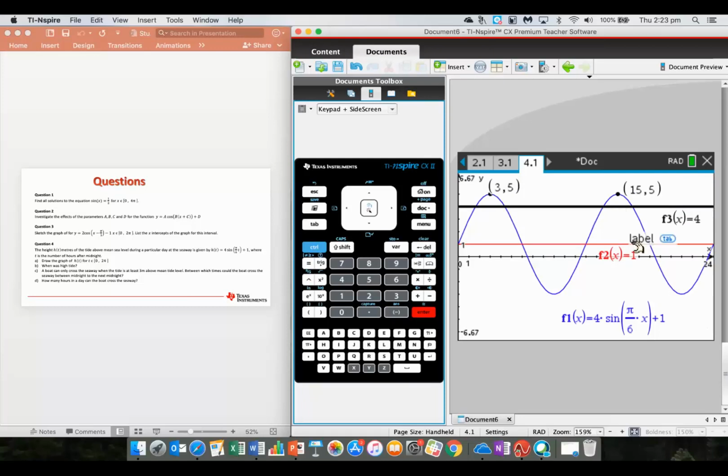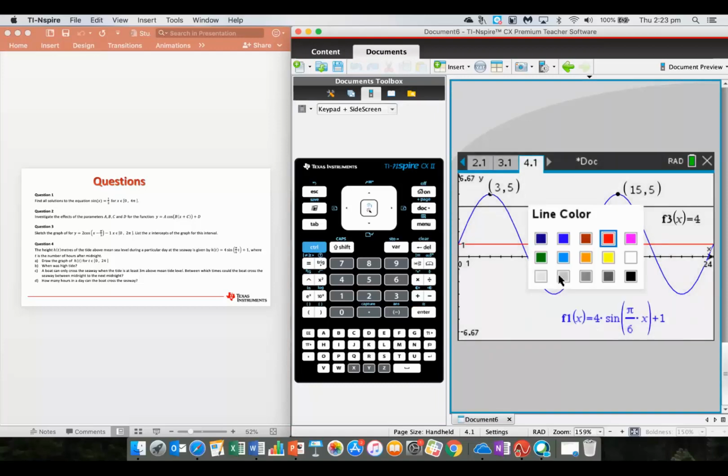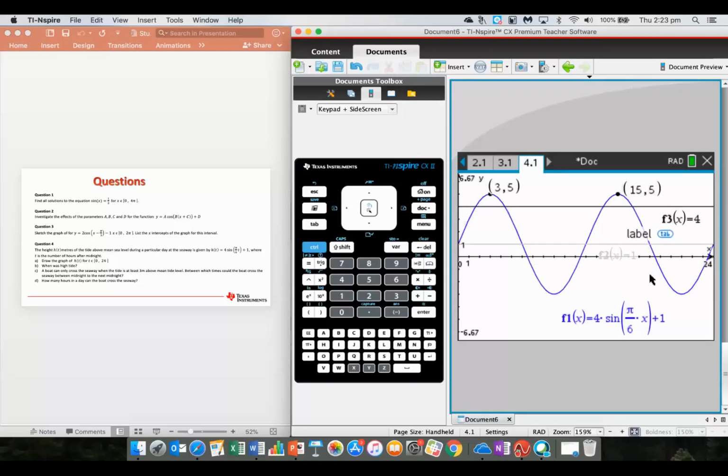Let's make this one here grey because really I'm just looking at the mean tide there as an indication of how many units I needed to add on to find 3 meters above. So the boat can cross the seaway when the tide is 3 meters above mean tide level. So I need to find the points of intersection of the black line and the blue line.